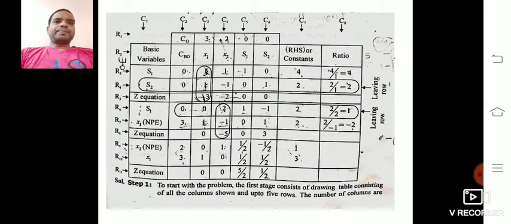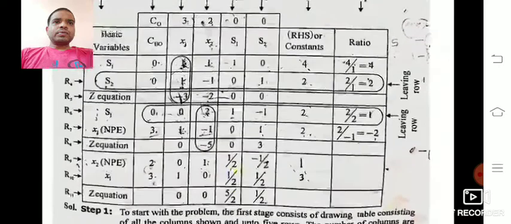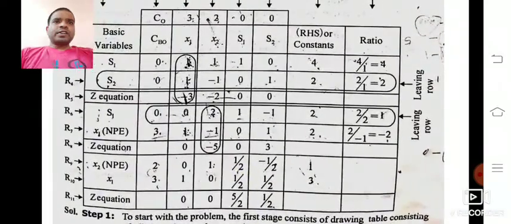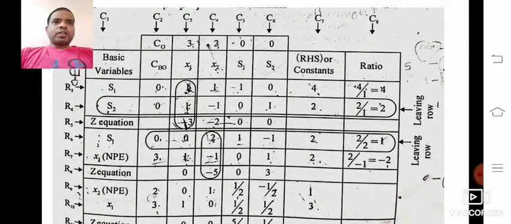That means for the z equation, okay, C3 column, who got minus 3? How it comes means, we can add, that is R3 row. Okay, for s1 it is 0, x1 is 1, 0 into 1. And for R4 row, s2 equals 0 is there, and x1 is 1, 0 into 1, plus 0 into 1.